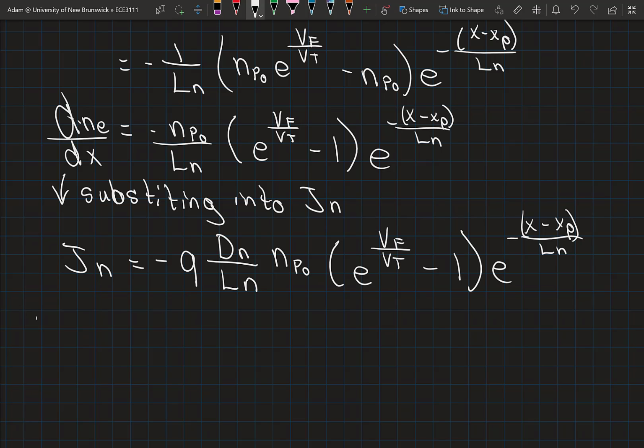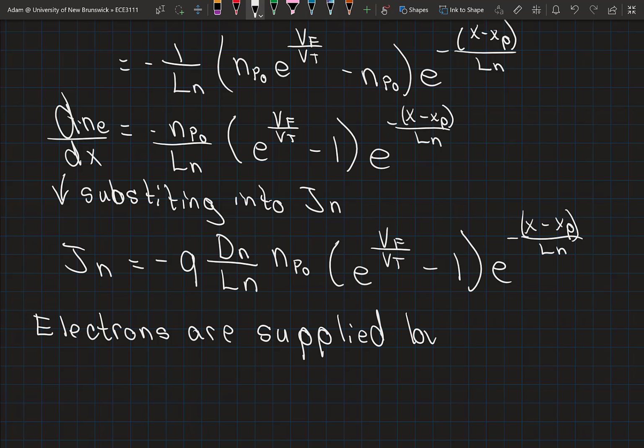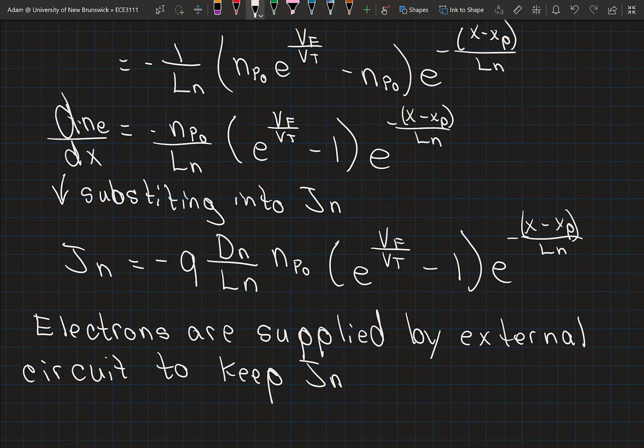Okay, now the electrons, as we stated in the last lecture, are going to be supplied by the external circuit in such a way to keep this current density at this level at the edge of the depletion region, at the level where x is equal to xp, right?